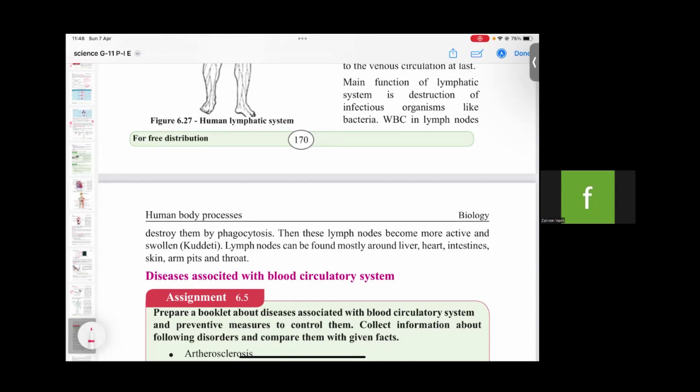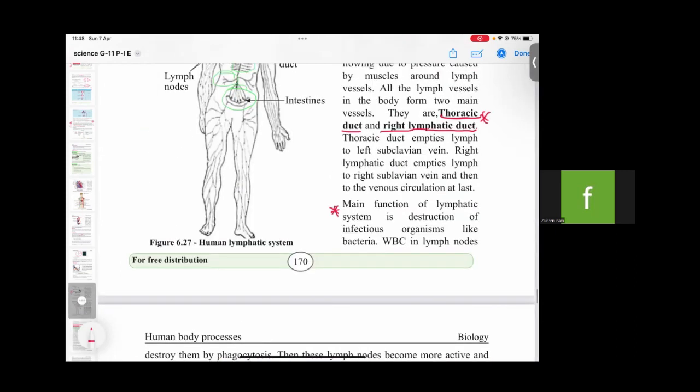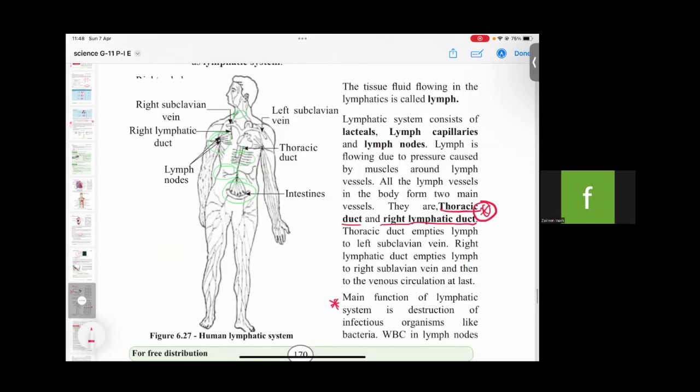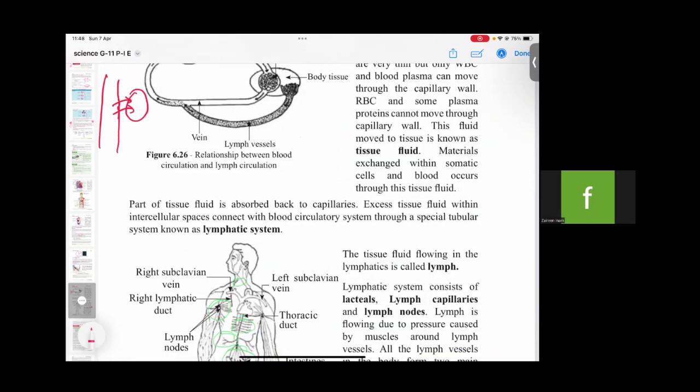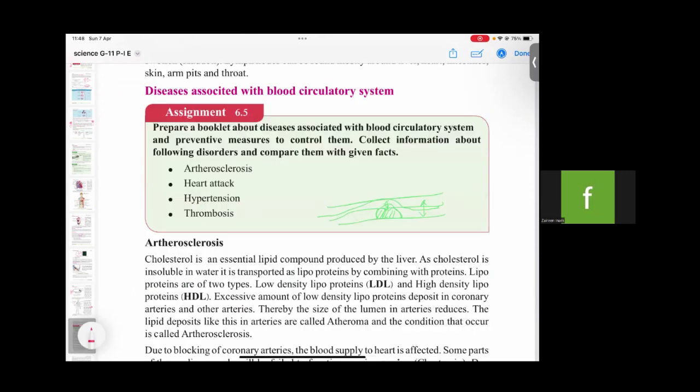They can be around the liver, heart, intestine, skin, armpits, and close to the throat. So this is about the lymphatic system. Nothing to worry about; just remember the function and these two vessels, and basically that's it.